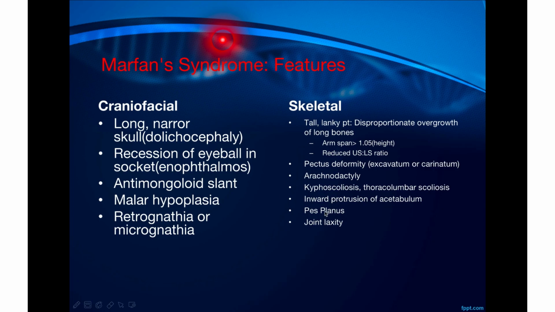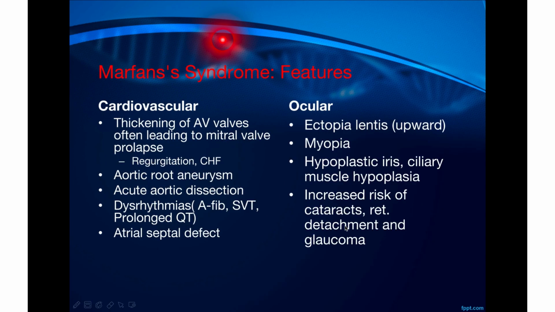Usually this is going to be asymptomatic. You probably are not going to see it except if you do radiography, which is the number one way that you're going to see the inward protrusion of the acetabulum. And next, we're going to see the flat foot, which is pes planus, in the patient, and also the joint laxity as well.